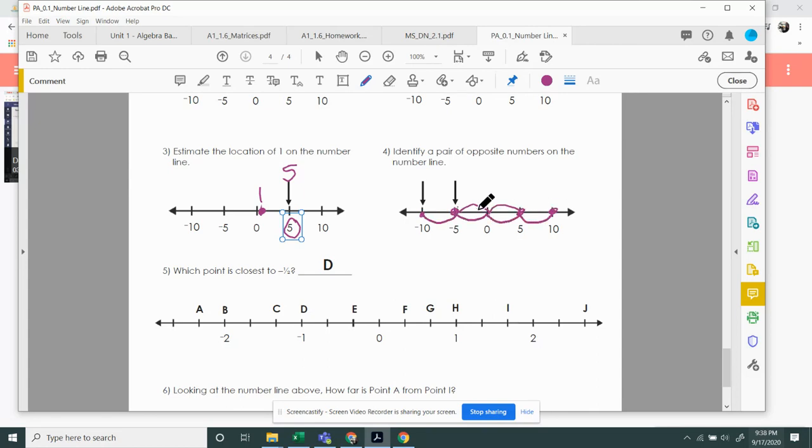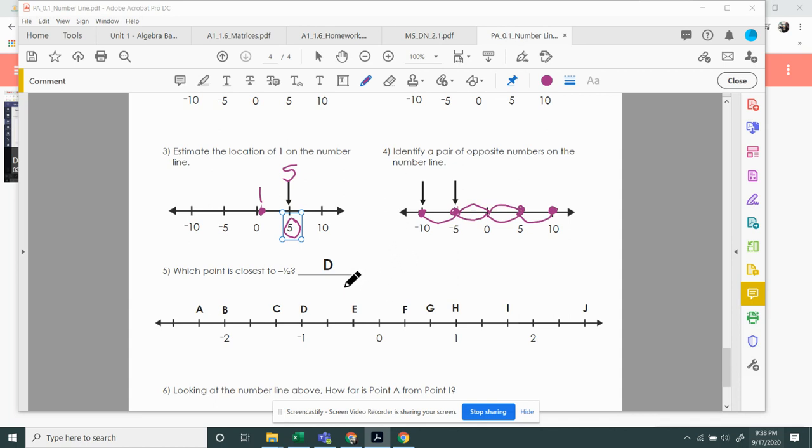So what is the distance between -5 and +5? We can count by fives. 5, 10. What is the distance between -10 and +10? Again, we can count by fives. 5, 10, 15, 20 units.